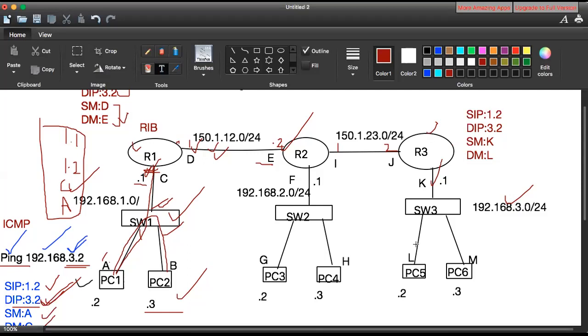Finally, PC5 receives this packet as an echo request. Since PC5 receives the echo request, PC5 has to send what? Echo reply. Any device that receives the echo request knows that it has to send an echo reply. That's the beauty of ping.